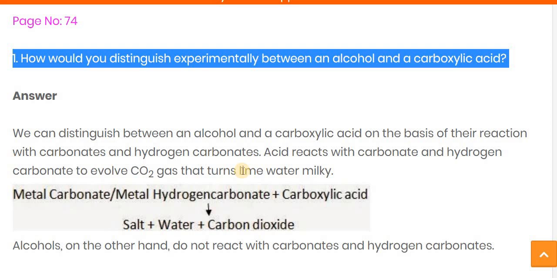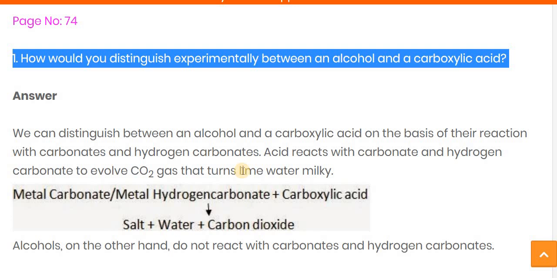Suppose in the solution the carboxylic acid is present, then the carboxylic acid reacts with the metal carbonate or the metal hydrogen carbonate, and it gives the salt, water and carbon dioxide. Now this carbon dioxide we can detect by using lime water, because in the presence of carbon dioxide, lime water turns milky.